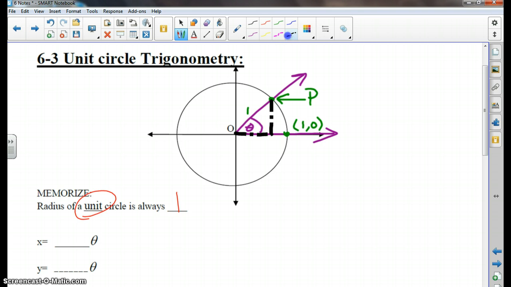Now, if I were to label point P, it would have coordinates (x, y). You'll notice both x and y are shorter than 1 because I have not gone out as far as the point 1 on the unit circle, nor as high as the point 1 on the unit circle.